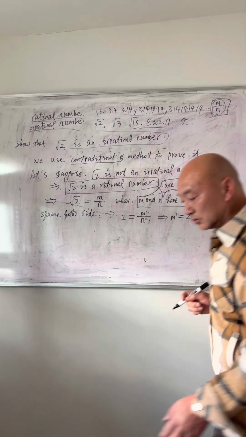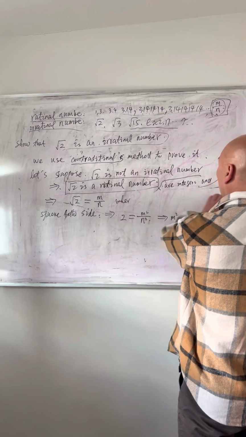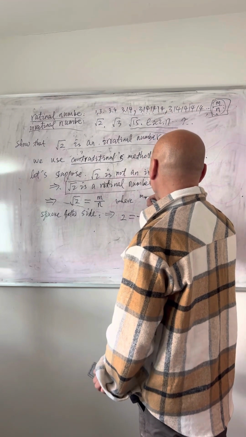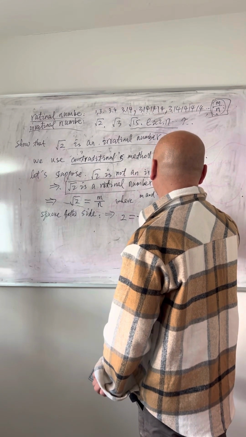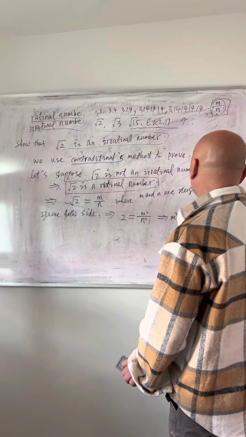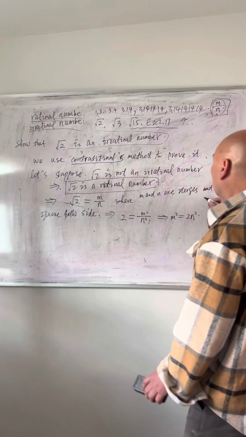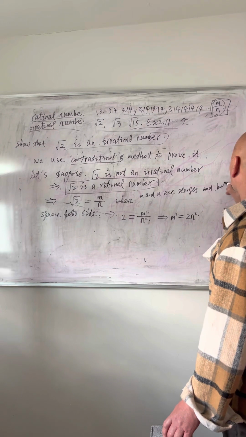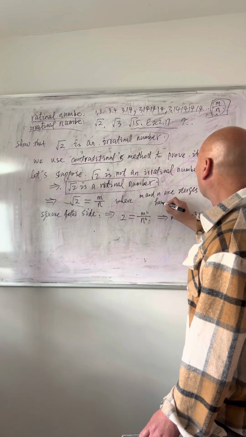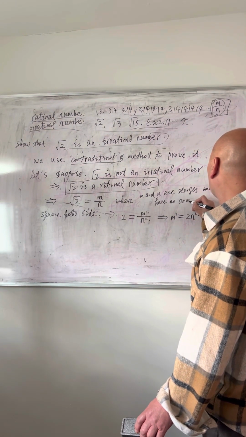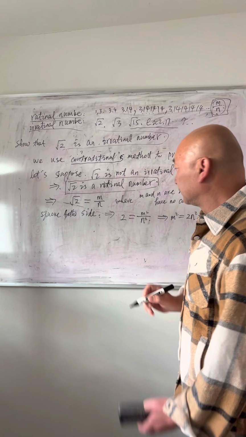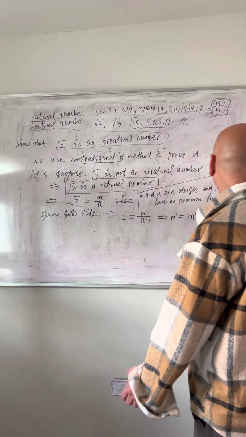Let me read this again, because this is very, very important. Where m and n are integers, and m and n have no common factor. It's very, very important, right?